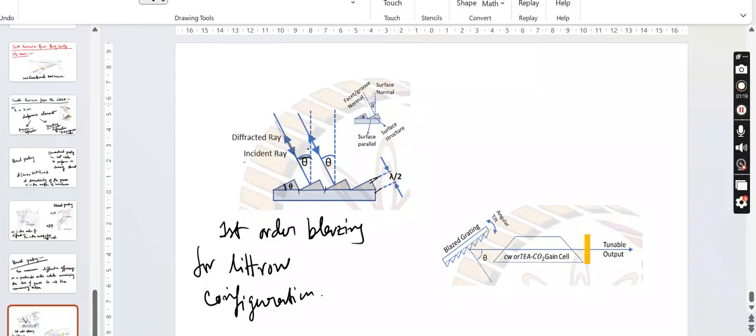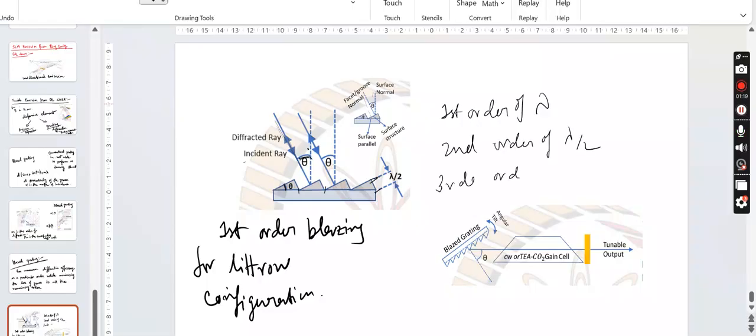So for first order of wavelength lambda, or the second order of lambda by 2, the third order of lambda by 3 will be blazed. That's the concept of glazed grating.